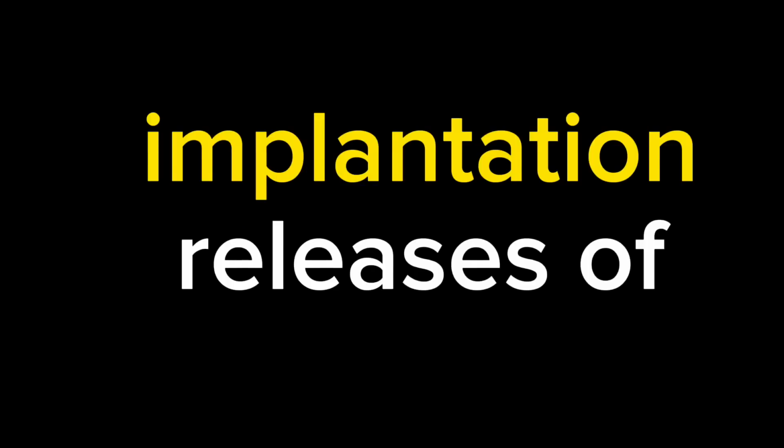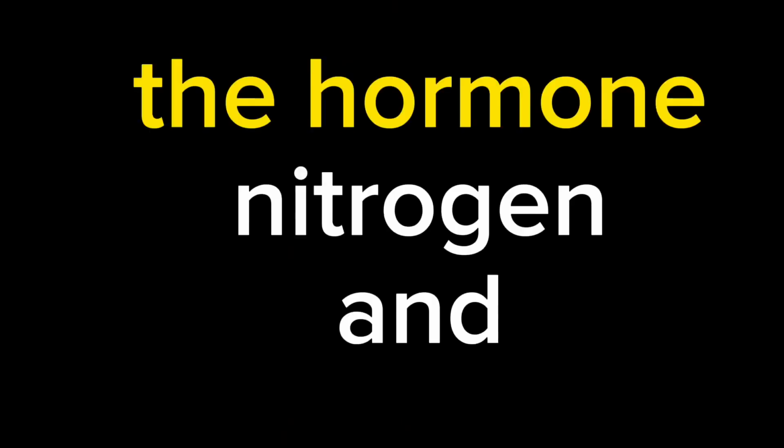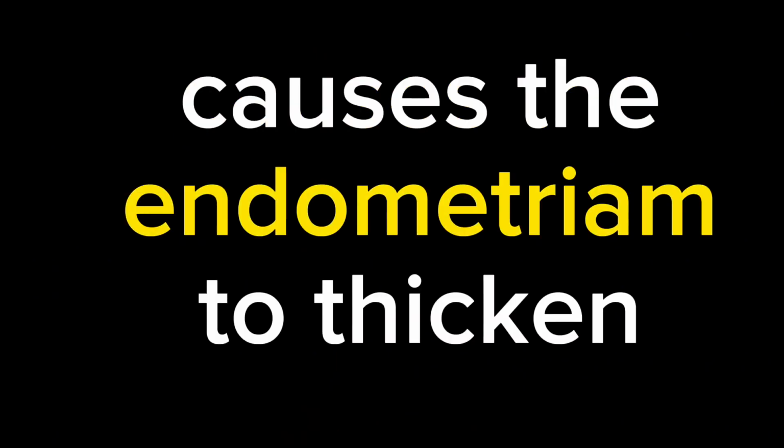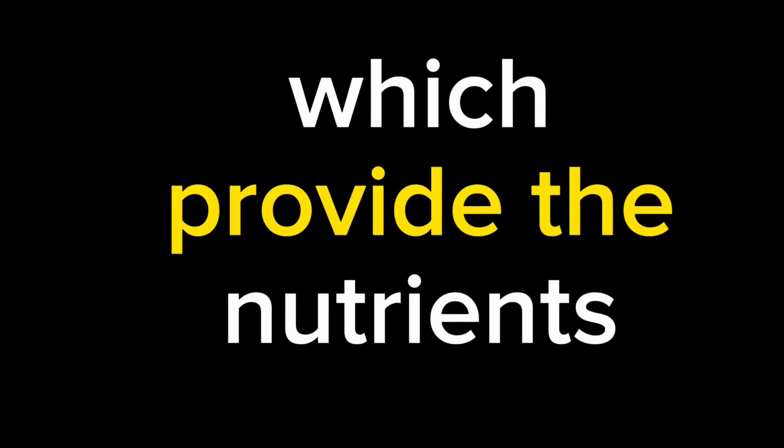After implantation, the release of the hormones estrogen and progesterone causes the endometrium to thicken, which provides the nutrients the blastocyst needs to grow and eventually develop into a baby.